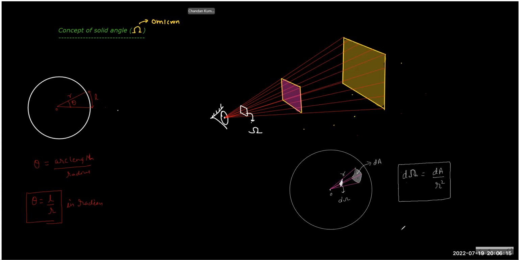What is the total surface area of the sphere? 4 pi r square. So what is the total solid angle? 4 pi. But the solid angle, how do we measure? In sphere area.